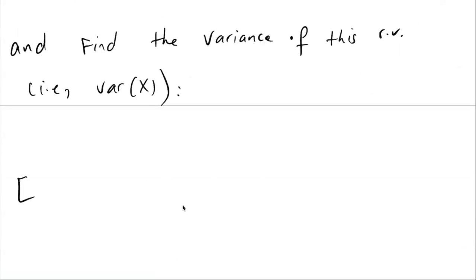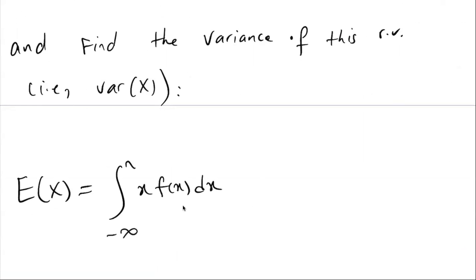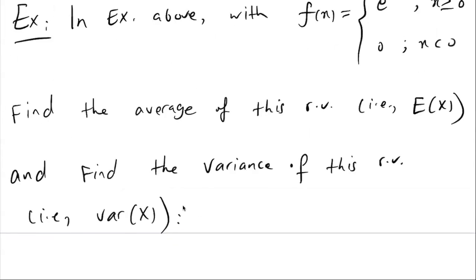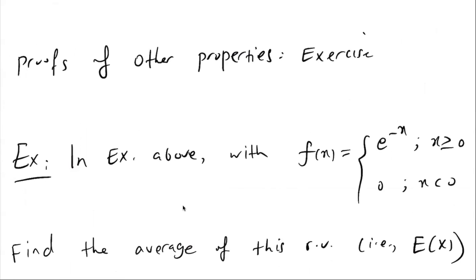So E of X, we know that it's the integral of x f of x dx from minus infinity to infinity. And here f of x is 0 for x less than 0. So instead of minus infinity to infinity, in this example I can write 0 to infinity, because before 0 the function is 0.